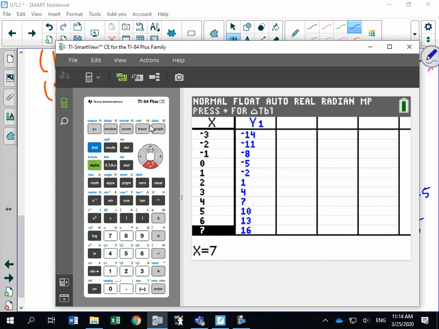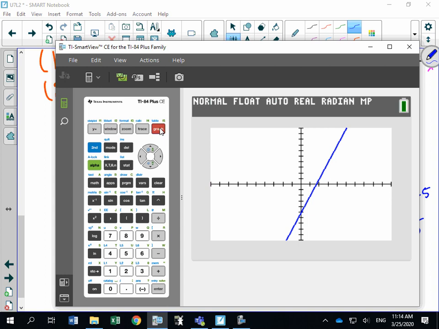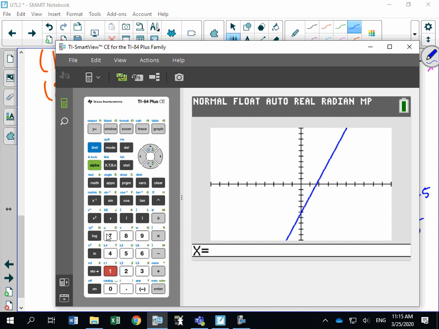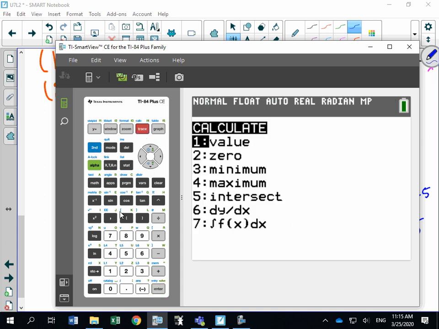Or the last way you could do this, I might have to change my window. Let's see if it works. If I do second function, calculate, so it's the trace button, number 1, if I type in x is 7, look at that, y is 16. I'll show you again. Second function, calculate, which is the trace button, a value.